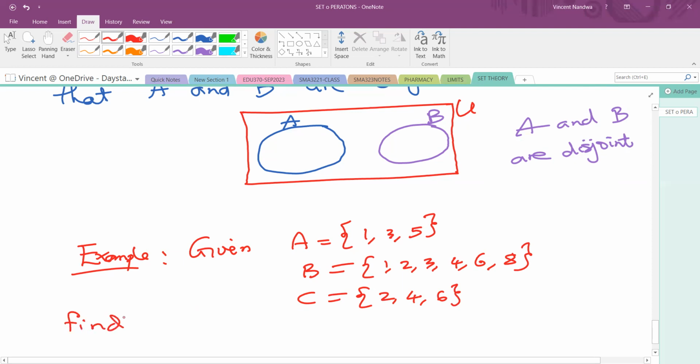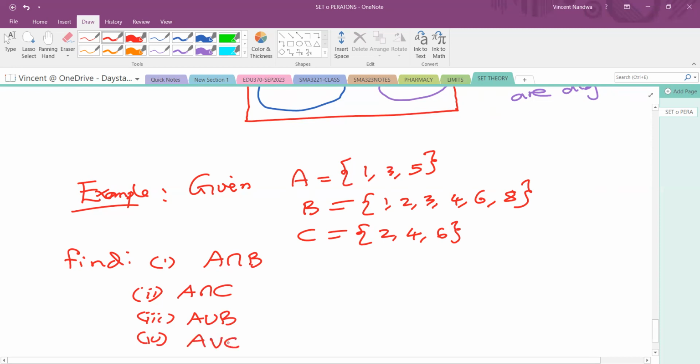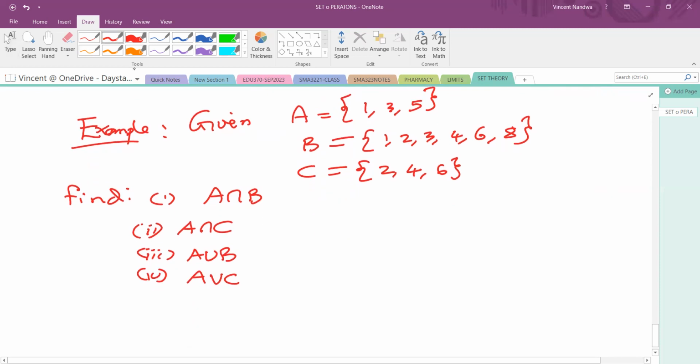Find: one, A intersect B; two, A intersect C; three, A union B; four, A union C; five, A intersect B intersect C; six, A union B union C.